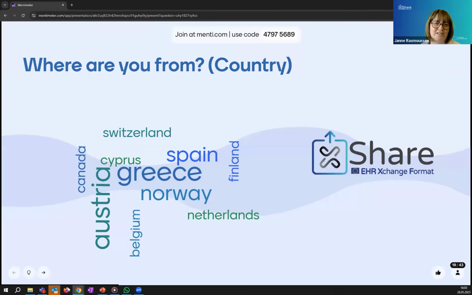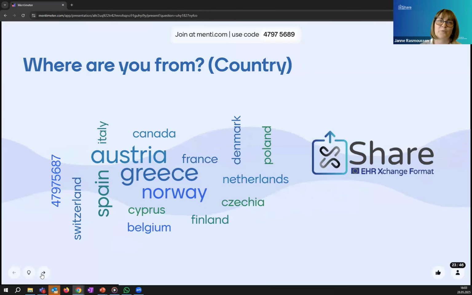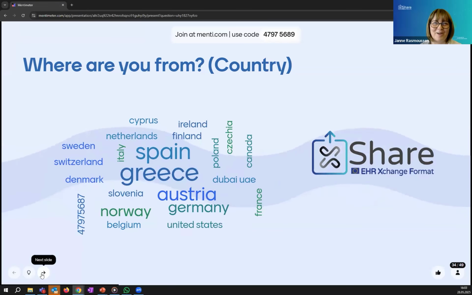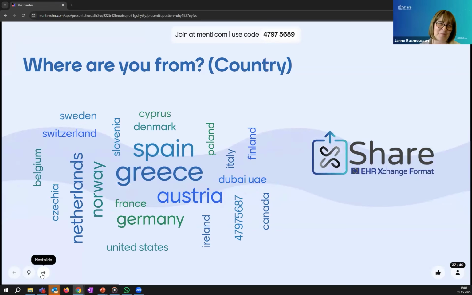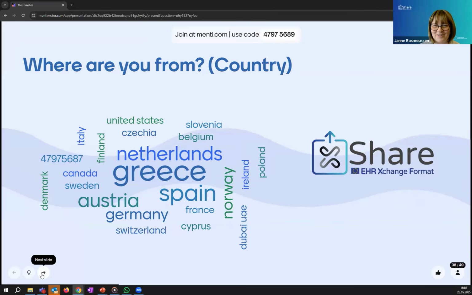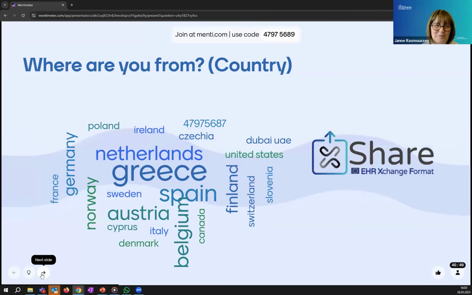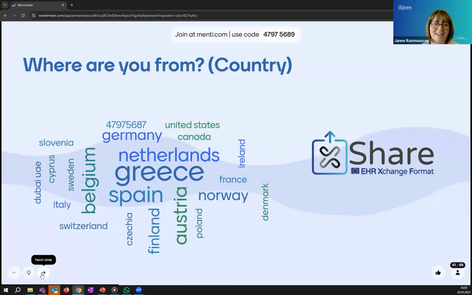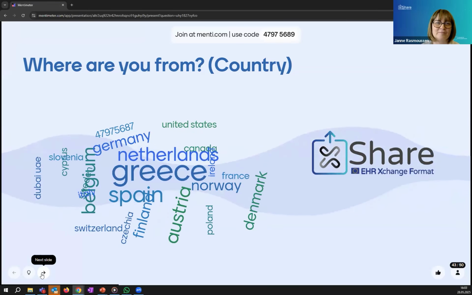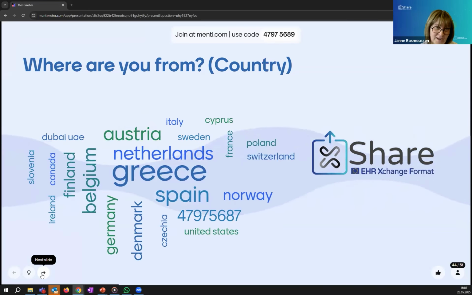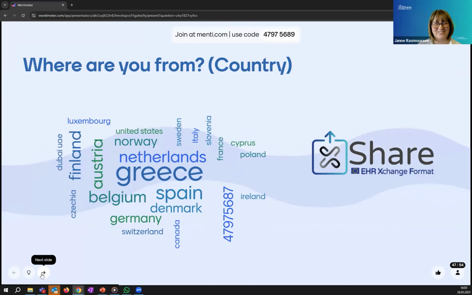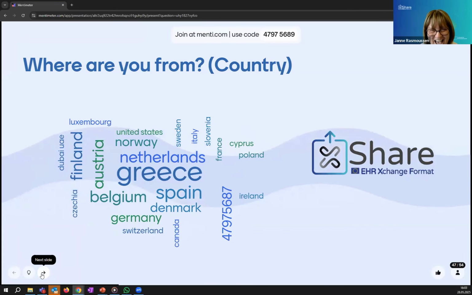We are starting to see, we even have Canada here. That's fantastic. So we're definitely going beyond Europe as well, even though I do see a lot of European countries, but lovely to see so many countries being represented, the United States as well. There's also apparently a country, I don't know the one with the numbers, but at least then I might learn some things today.